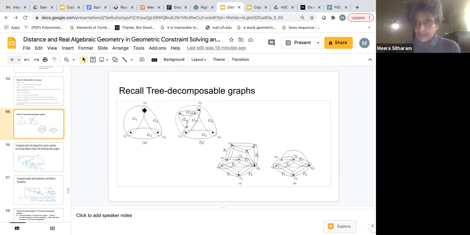By the way, everything that we're talking about right now is in 2 dimensions, but the same idea for 3-dimensional tree decomposable graphs is identical. There's no difference, except that instead of having 3 of these come together, you'll have 4. And so in general, for dimension D, it's D plus 1. I just can't draw like that.